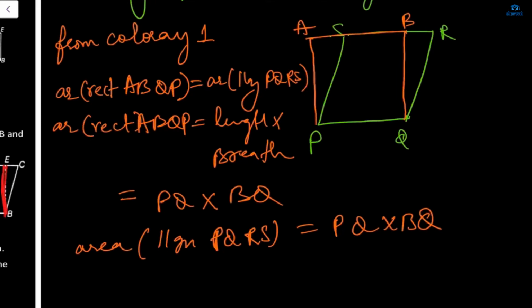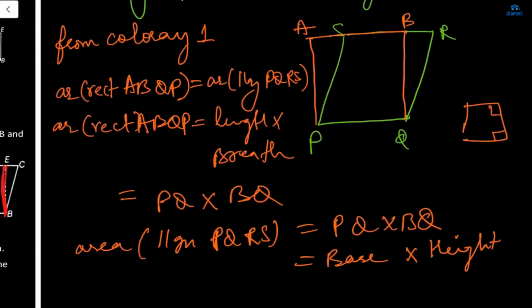PQ is the base and BQ is the height, the perpendicular distance between the two parallels. All the angles of the rectangle are 90 degrees, so the sides are perpendicular to each other.